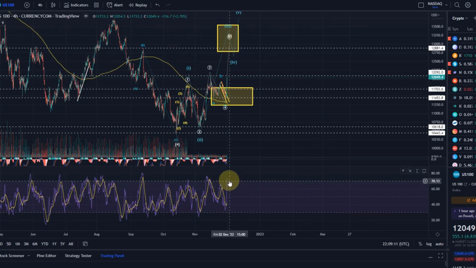As you can see here, last time we were overbought was when we hit the wave 3 high and came down from 12,100 all the way to 11,470. But it remains the view that against the 11,250 level, we can focus on higher generally. And the target range would be between 12,800 and 12,880.